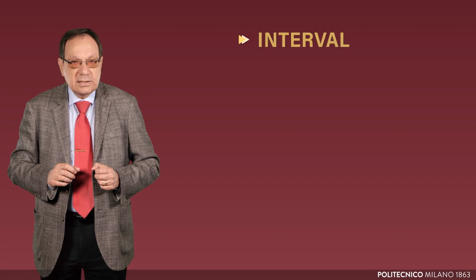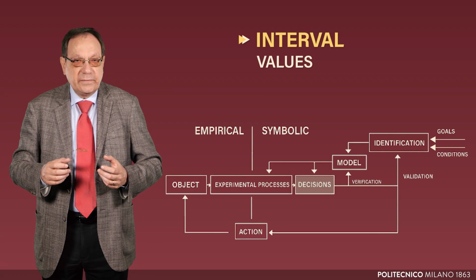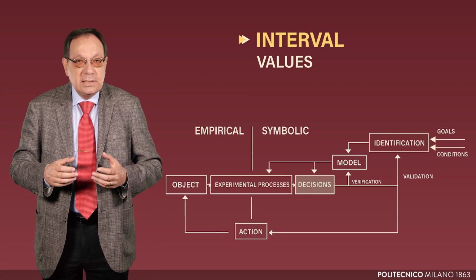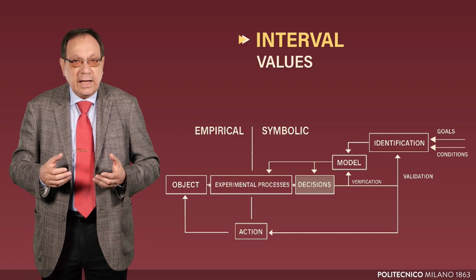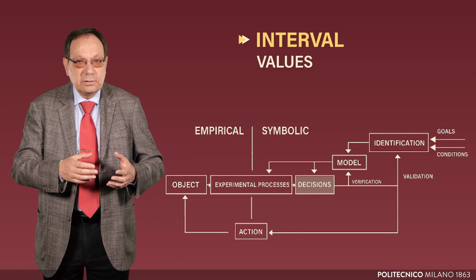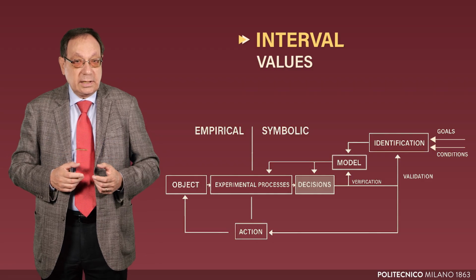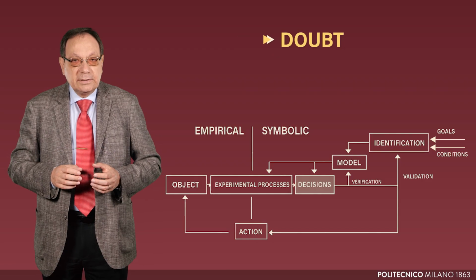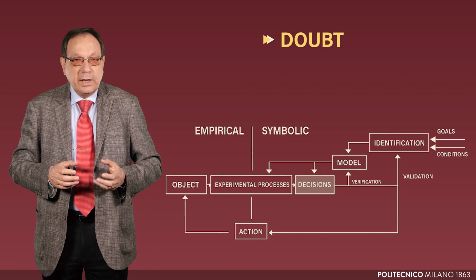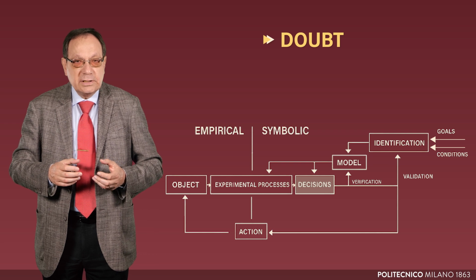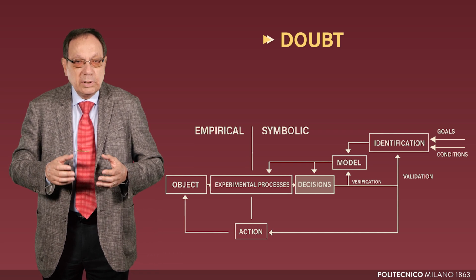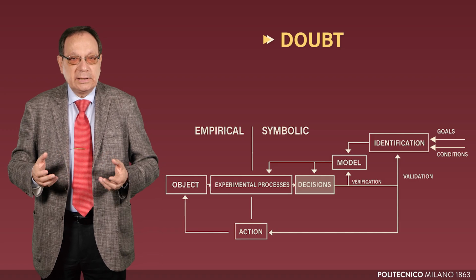Generally, this set of values is a range of values, and it may indeed happen that the value with which one wishes to compare the measurement result falls within this range. A doubt then arises as to whether the measured value is actually greater or lower than the value with which one wishes to compare it.